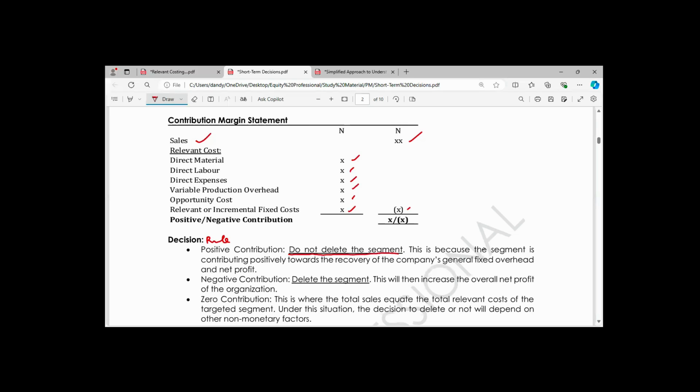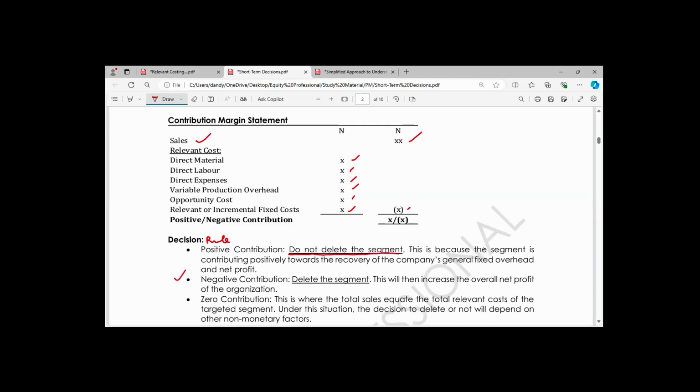Remember, immediately after contribution, you need to less your period cost, your fixed cost. Therefore, provided your contribution is positive, the company should not delete the segment, because it is contributing positively towards the recovery of the company's general fixed overhead and then net profit.